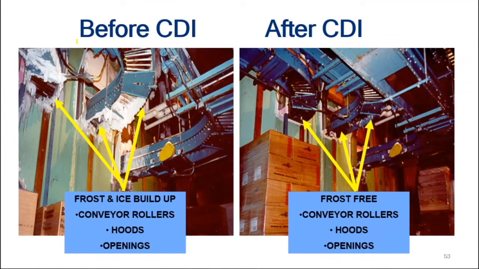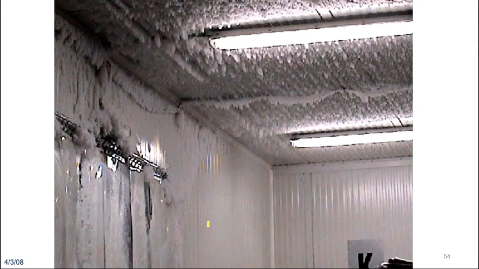On the left you see an application before we provided a desiccant unit. Frost and ice buildup, the conveyors weren't working well, just all these openings, a bunch of ice. Afterwards, frost free. Conveyors were rolling well, openings were free of ice. Here's another room. Check this one out. Does that look like your freezer?